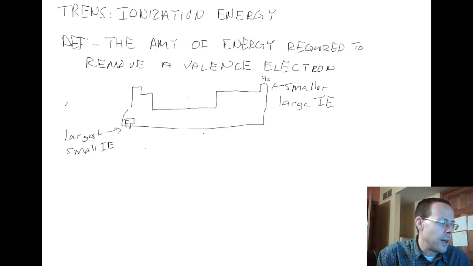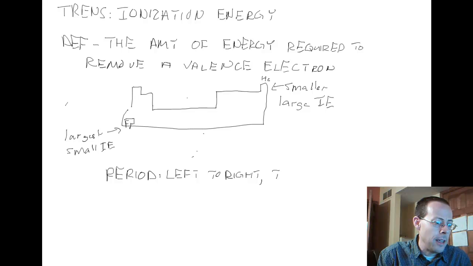Periods are rows, so the period trend is from left to right. IE increases. How come? Because from left to right, our atoms get smaller.